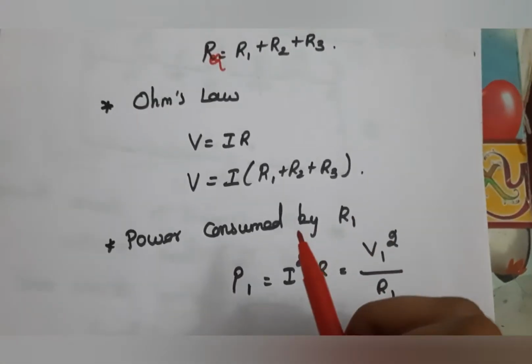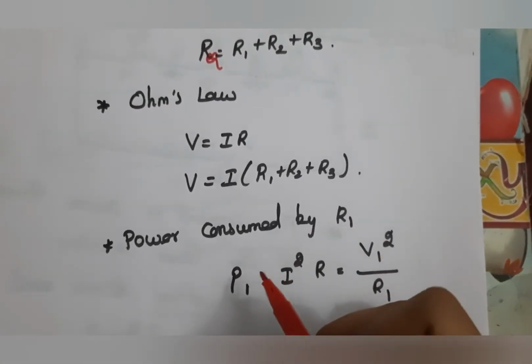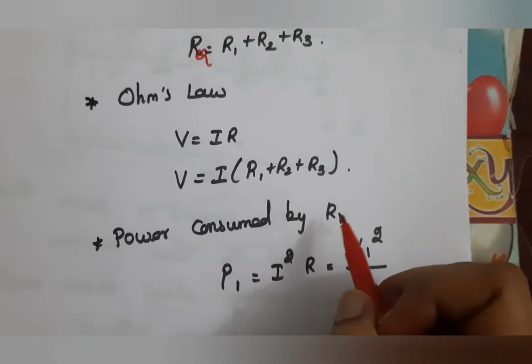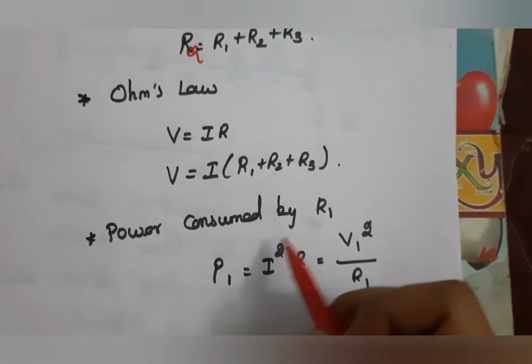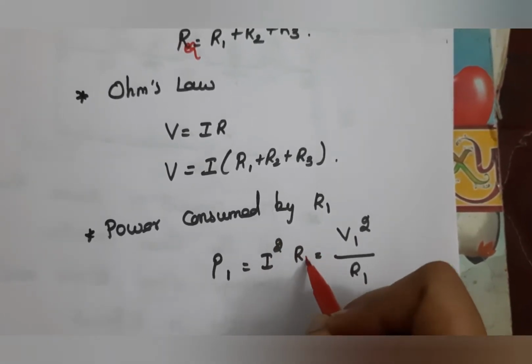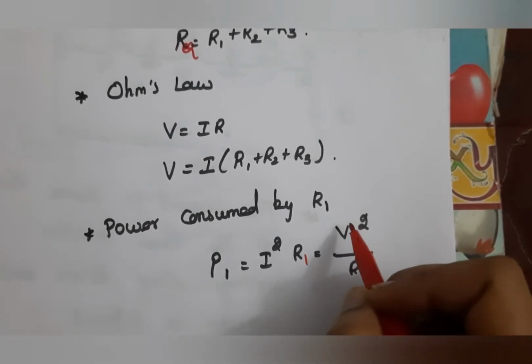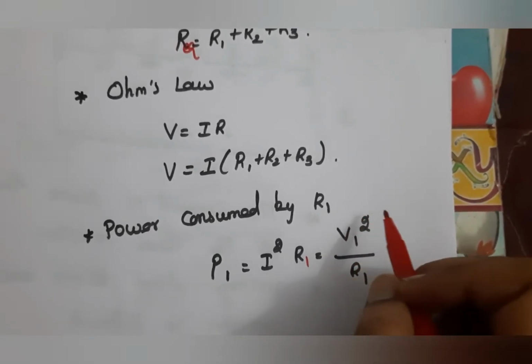And also the power consumed by R1, that is P, is equal to I square R. This is a formula. The power consumed by R1 is I square R1, which is equal to V1 square divided by R1. Here the V1 value is different for each resistor.